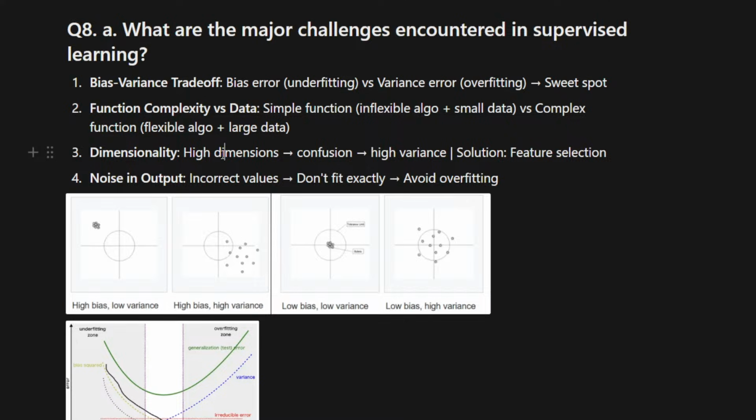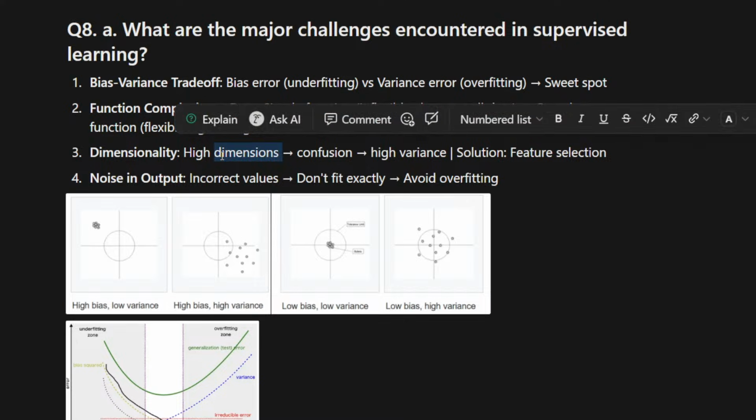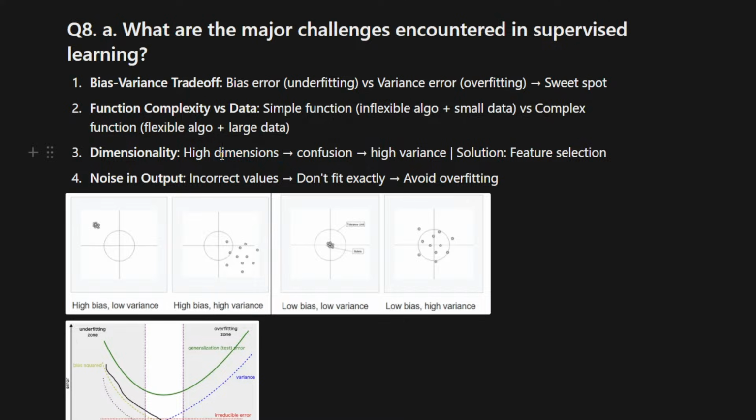Dimensions can correspond to features. So when you have less data, meaning fewer rows in your data set, but many columns, that is features, the variance is high. So you need feature selection to select the most important features and discard all the other features. For this you use PCA.